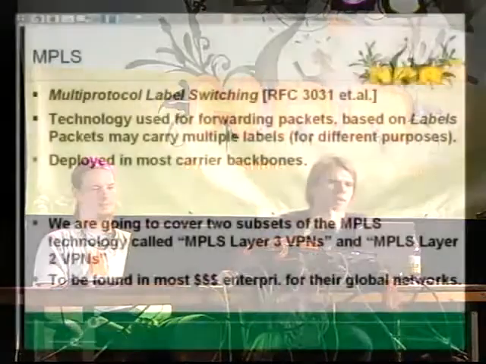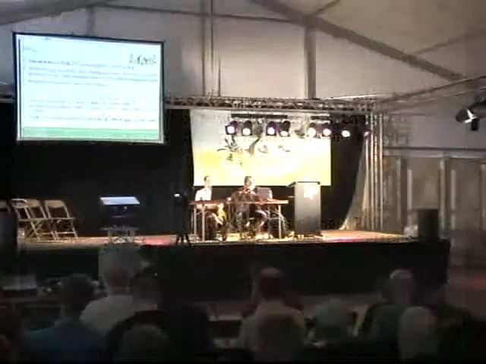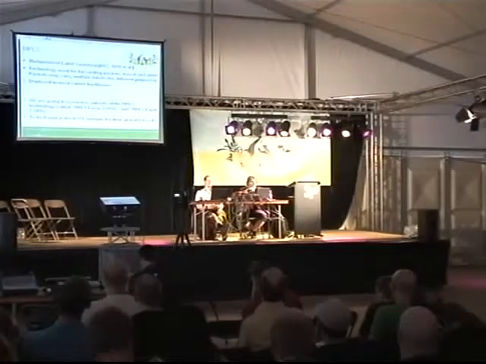You can just route packets based on their MPLS label, which are 20-bit and so easily machine readable in hardware, and you don't need explicit software. And it's deployed in most carrier backbones. Also, it's used by many big enterprises to route between their corporate networks, between their locations.